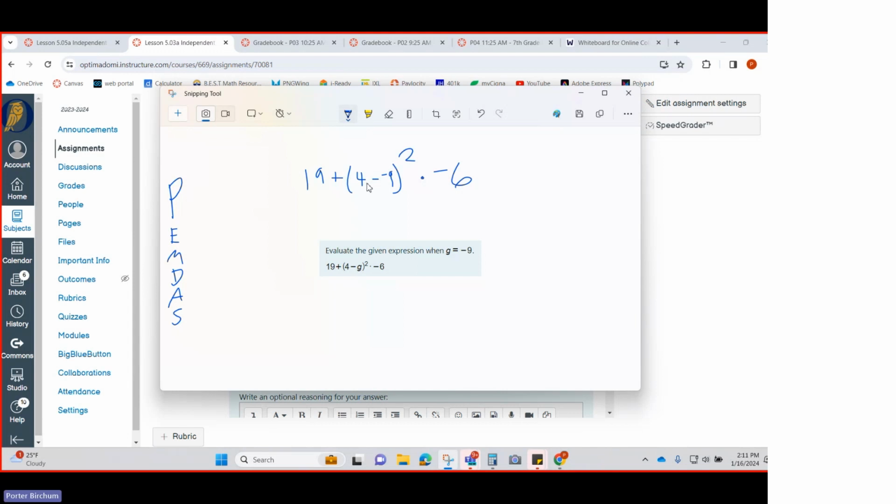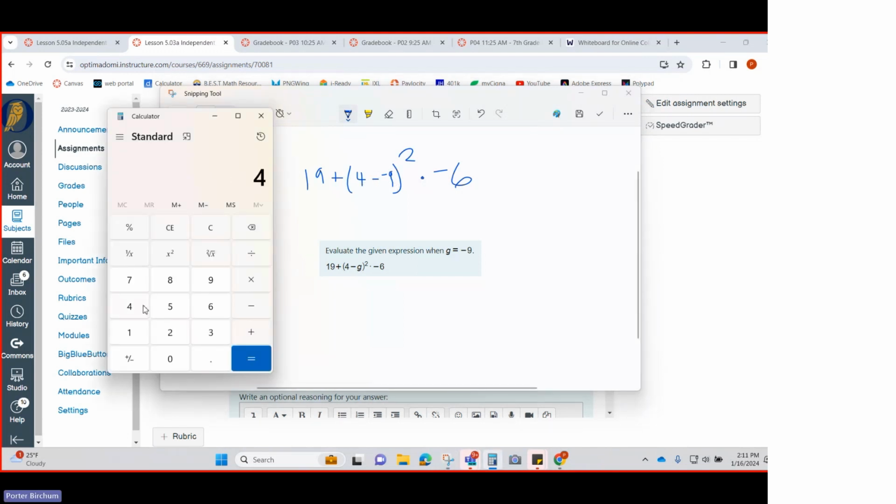So let's do 4 minus -9. 4 minus -9, that is positive 13. When you subtract a negative, that is the same as adding. So 4 minus -9 is the same as 4 plus 9.